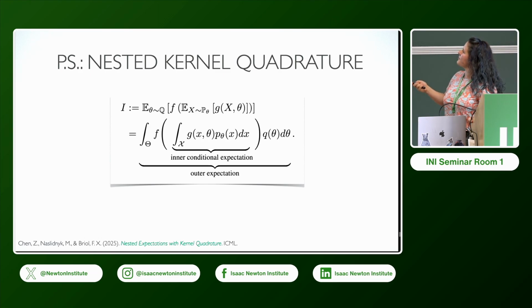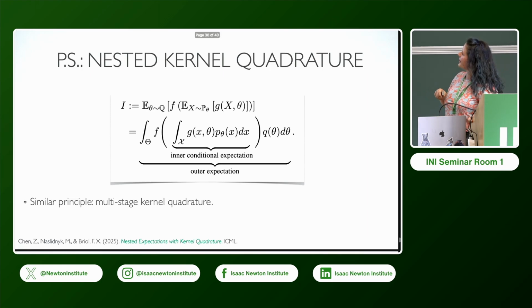We refer to this as an inner conditional expectation and an outer one. The outer is no longer conditional. So there's a regular outer expectation and an inner conditional one. And this is, again, a commonly occurring problem in scientific discovery.